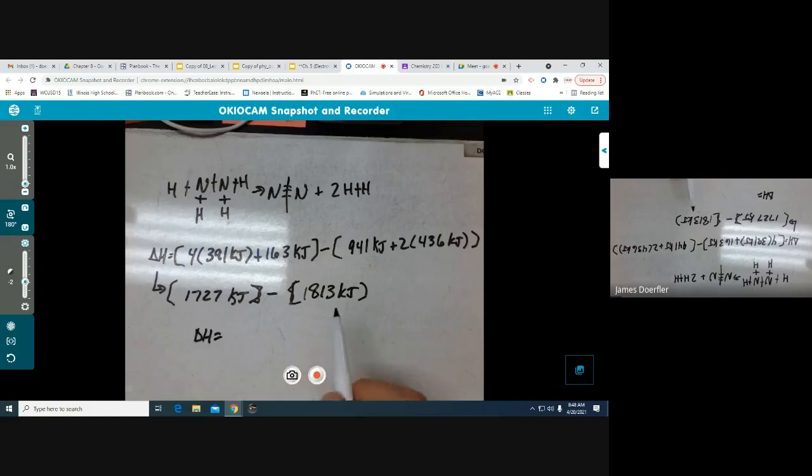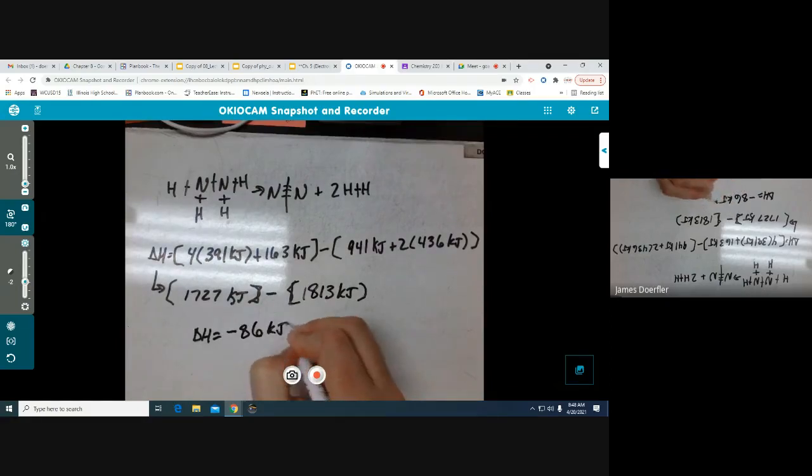Did you get 1813 for that? Okay. So now take 1727 minus 1813, and that's our answer. Negative 86. And don't forget your label. You can label this as kilojoules or kilojoules per mole, but just putting kilojoules is plenty fine.